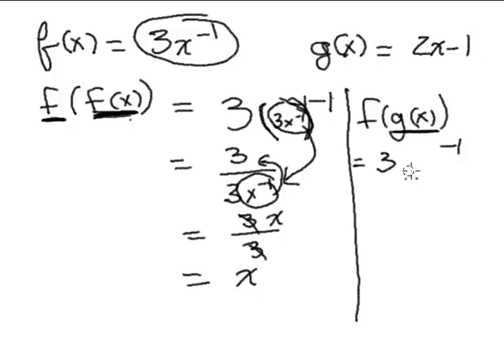So I erase the x, and I replace it with g of x, remembering to keep the g of x in parentheses, so 2x minus 1 to the negative 1. Now I have this negative 1 exponent again. Remember what that means is you take this and you put it in the denominator. So this will be 3 over 2x minus 1. And that's the end of that. We can't simplify that one any further.